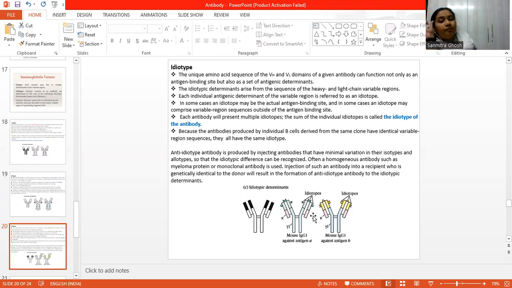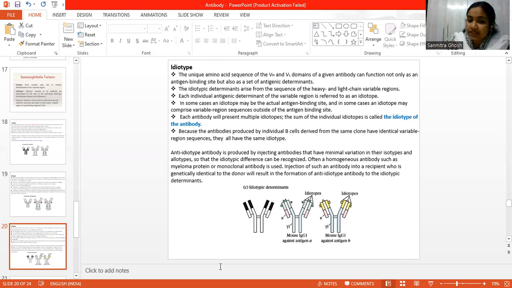So if that unique structure enters another individual with a different antibody with a different hypervariable region, complementary to the previous one, they can identify it as an antigenic determinant or epitope. So the idiotypic determinants arise from the sequence of the heavy and light chain variable regions. Each individual antigenic determinant of the variable region is referred to as an idiotope.